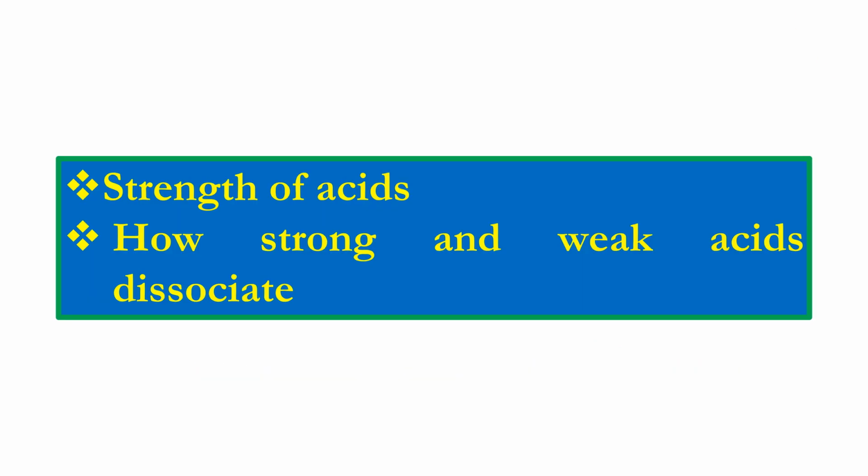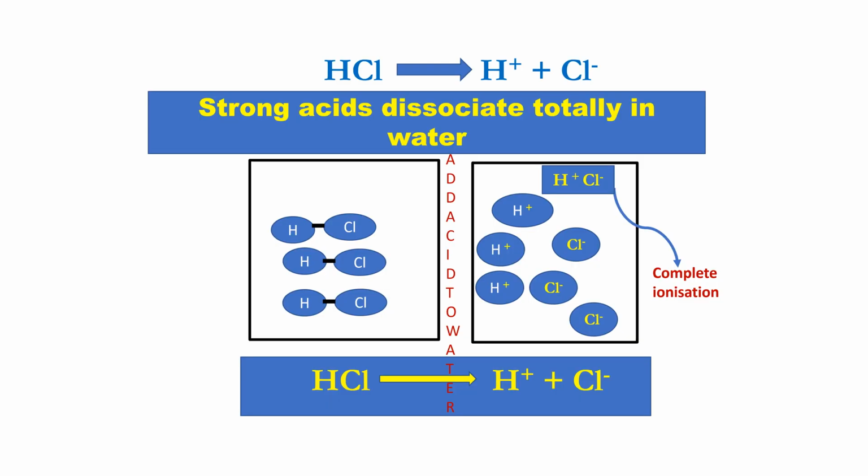Today we will cover strength of acids and we will look at how strong and weak acids and bases dissociate. When a strong acid, such as HCl, dissociates, it separates completely into its constituent ions.